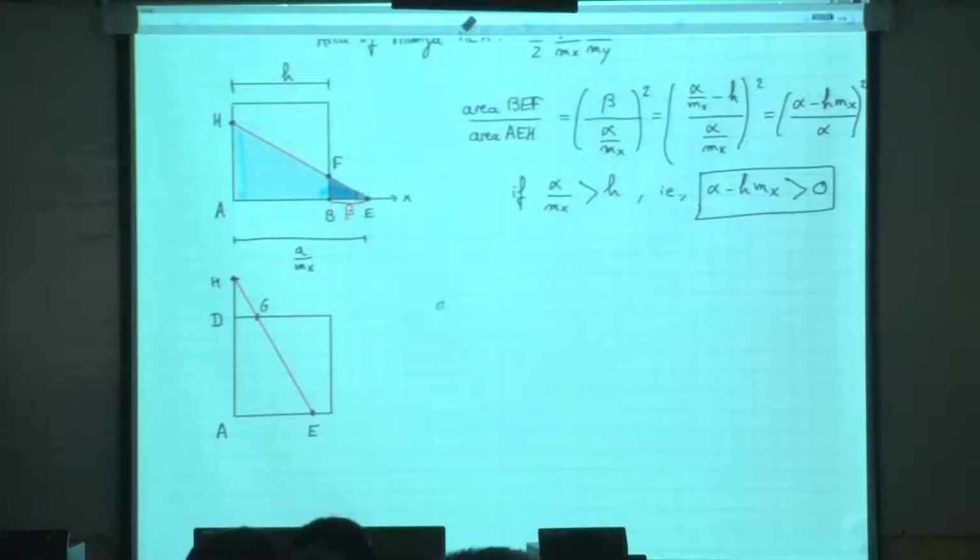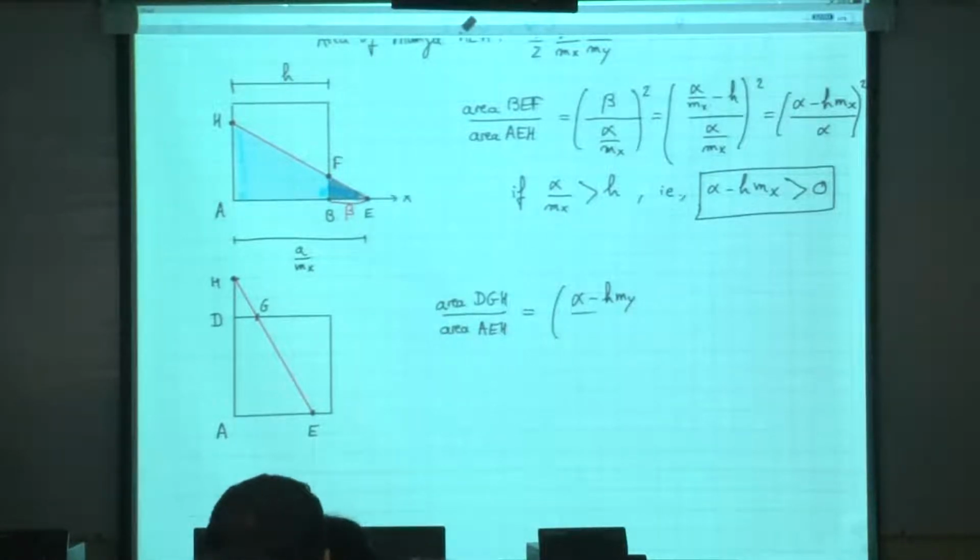I need the same correction, area of DGH divided by area of AEH. It is similarly going to be equal to (alpha minus h times m sub y) over alpha, squared.